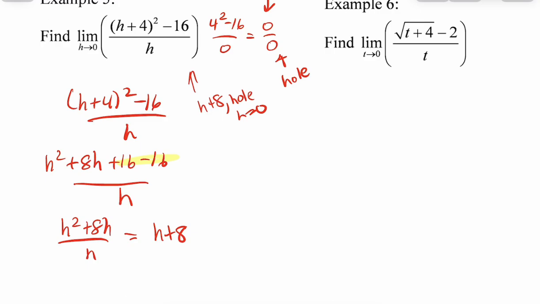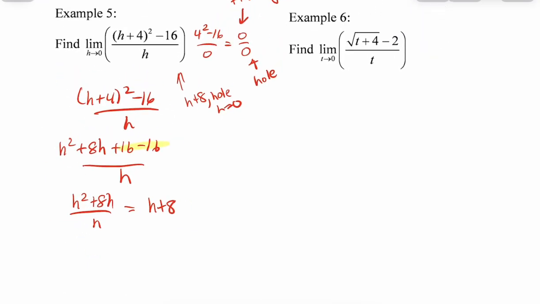So because I found the nicer version, now I can just do the limit as h approaches 0 of h plus 8. Direct substitution. Just plug in 0. What's 0 plus 8? 8. So if I find the nicer version, I'm going to use it because it tells me what I'm approaching. Yes, there's a hole there. Don't care. Okay. If I can use direct substitution, I use it.